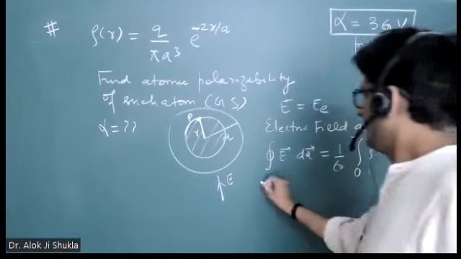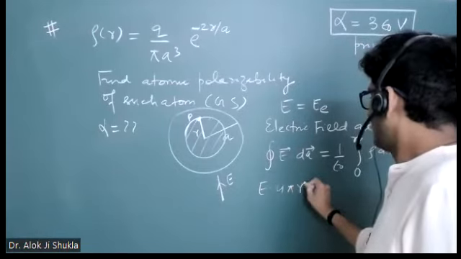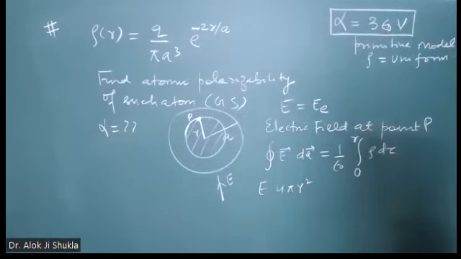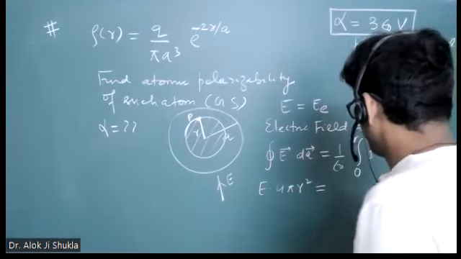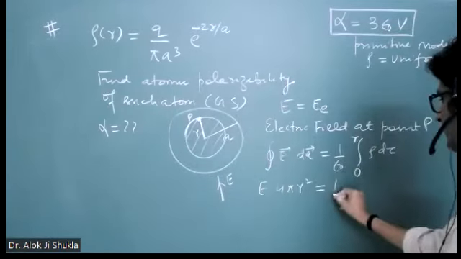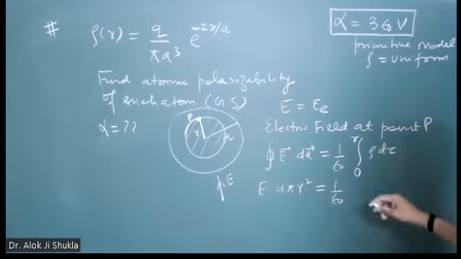So this will be E into 4 pi r square equal to 1 by epsilon naught, and what is rho?